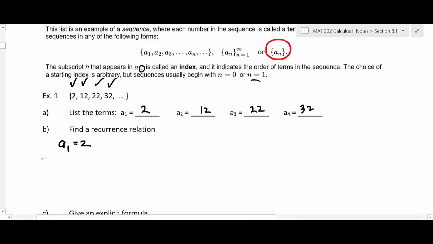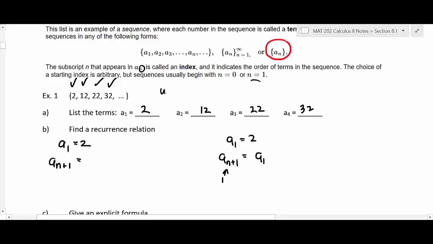Then you're writing a formula that gives you the next term in the sequence. So you write a sub n plus 1. We have a of 1 is equal to 2. When we do this a of n plus 1, if you want to go to a of 2, you're taking that a of 1 and then doing something to it.